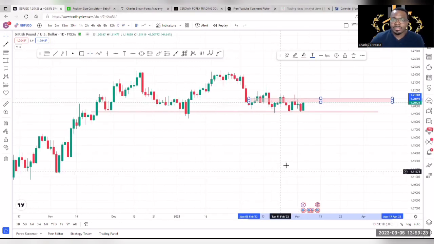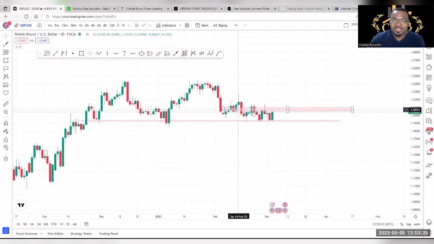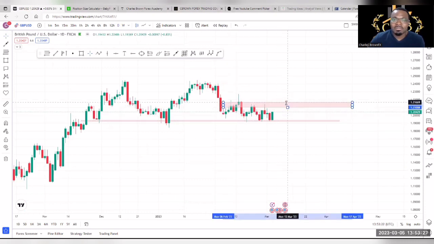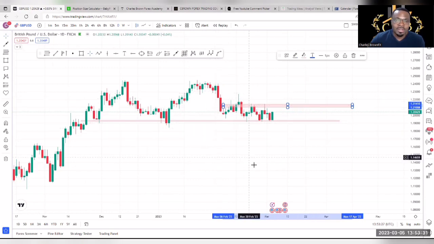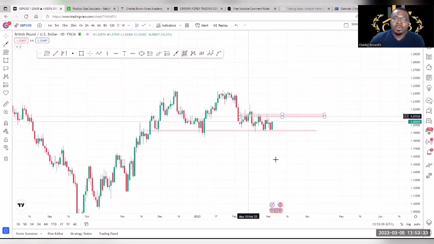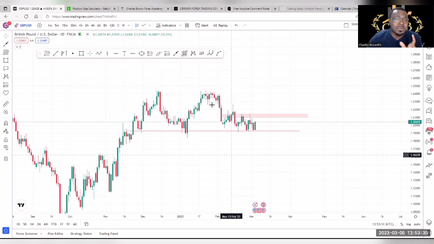You see what I see on the daily? I told you, consolidation. You see what is going on? The market is creating a lot of liquidity here on the daily, but it is structure-based. We can see it's creating lower highs.